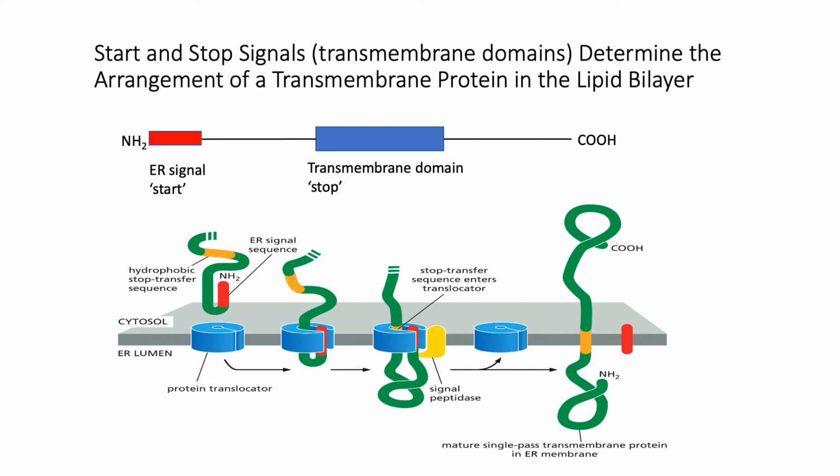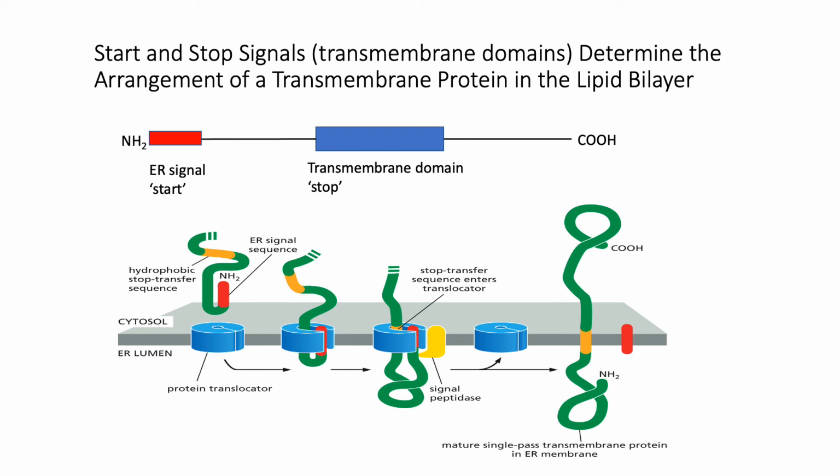That is referred to as a start transfer signal because it starts the transfer during the co-translational transfer process. And then going along there, the blue is the transmembrane domain, which is the nonpolar alpha helix. This is referred to as a stop transfer signal. Stop transfer.